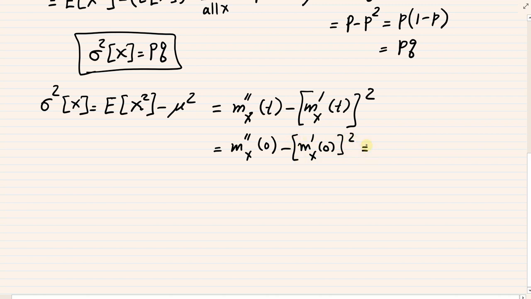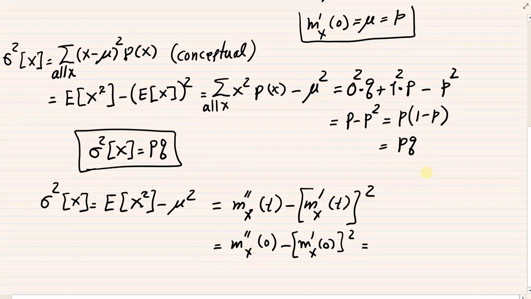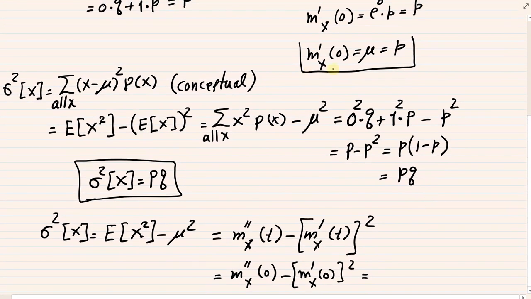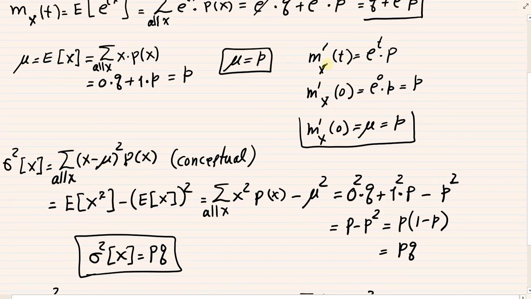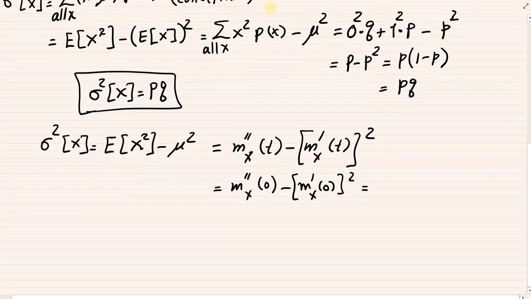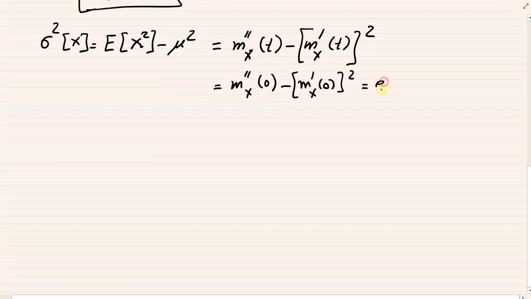Now the second derivative is the derivative of the first, and the first derivative, M prime of X at t, is e to the t times P. So you're taking the second derivative of this expression with respect to t, which is also going to be e to the t times P. All of these are evaluated at t equals 0.